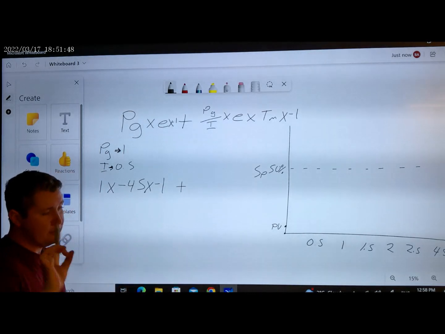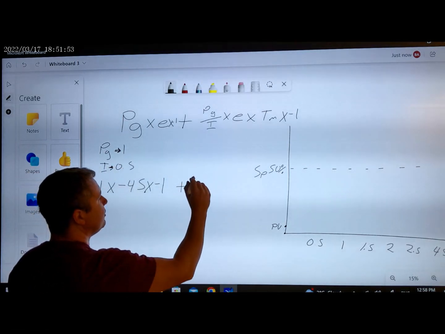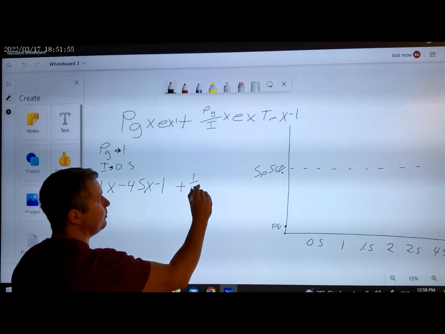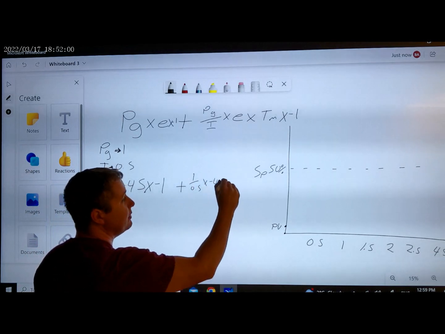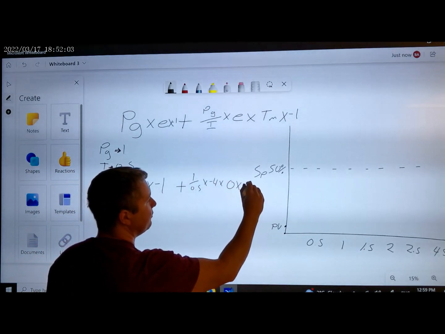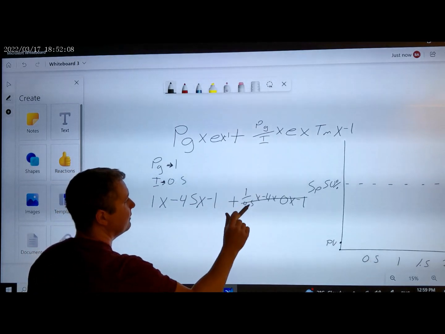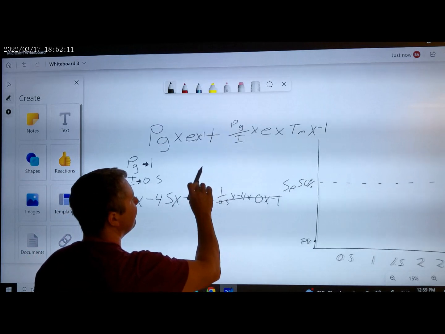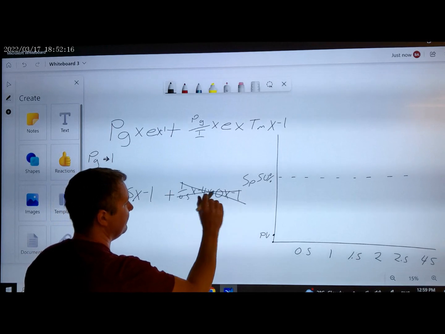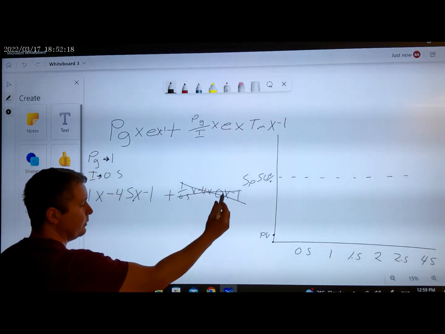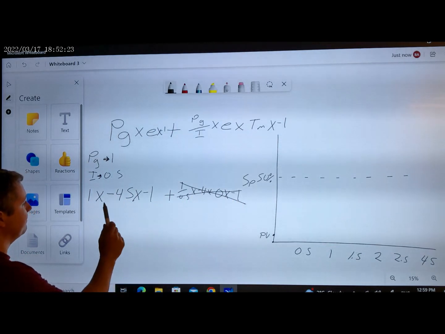Now this is at time 0 right here. So our proportional gain of 1, integral of 0.5, times the error of minus 45, times the time of 0, times negative 1. Because that's 0, everything is 0 there. When you times 0 by 0, it's 0. It doesn't matter if it's positive or negative.